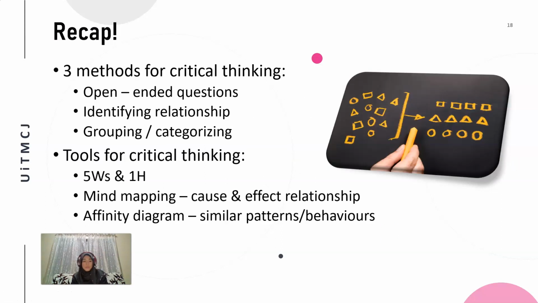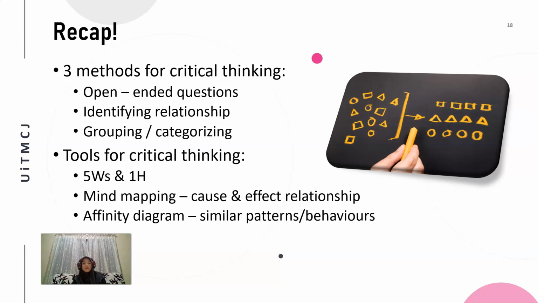Before we end our discussion today, let us recap what we have learned. We have learned about 3 methods for critical thinking: number 1, open-ended questions; number 2, identifying relationships; number 3, grouping and categorizing. And what are the tools that can support these methods?